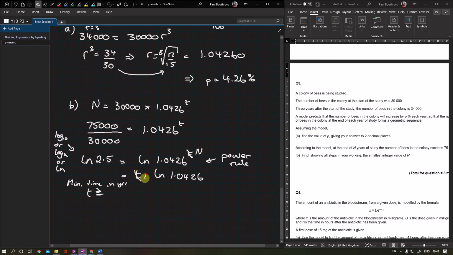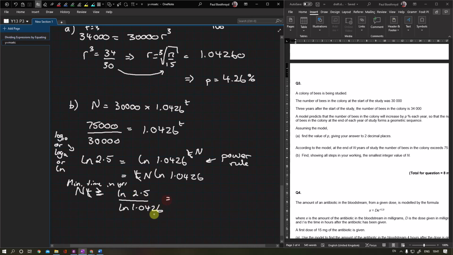So in terms of what they're asking for, I need to say how many years, and this is minimum time in years. The numbers they've crossed over, and I'm not happy about using this N because this is a common use for N. So N is greater than or equal to the log of 2.5 over the log of 1.0426.